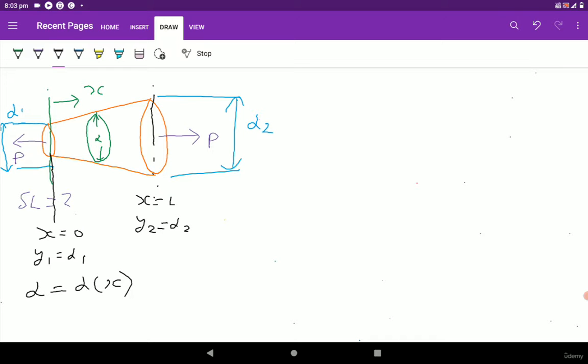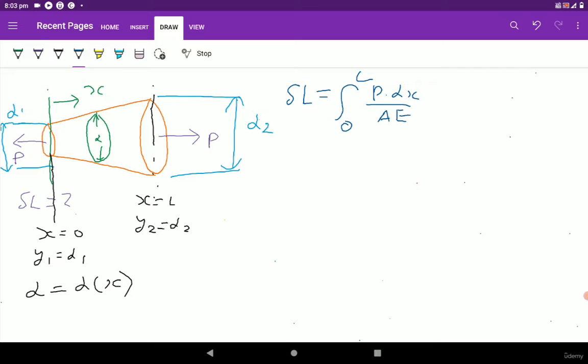Now for varying section we know that delta L is calculated by this equation: integral from 0 to L of P dx upon AE. Here P and E are constant, so we will take them out.